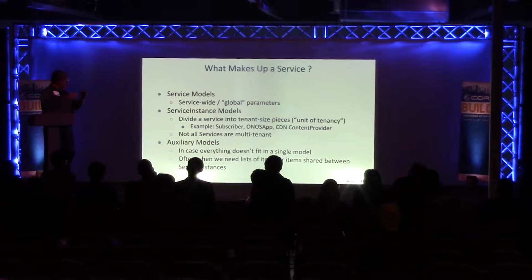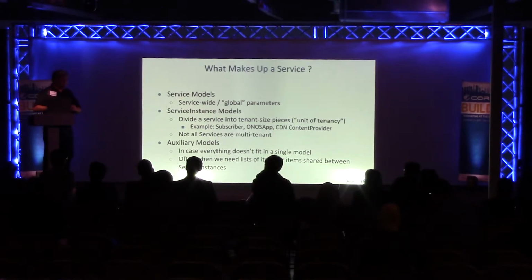You don't want to just create a fixed amount of them, like say we could only hold 4 of them. You want to be able to have a variable list. So you'd create an additional model called subscriber's computer, and then you could create as many of those as you want and link them to your service instance. And we're going to go through a functional example of all of these models in a couple slides.